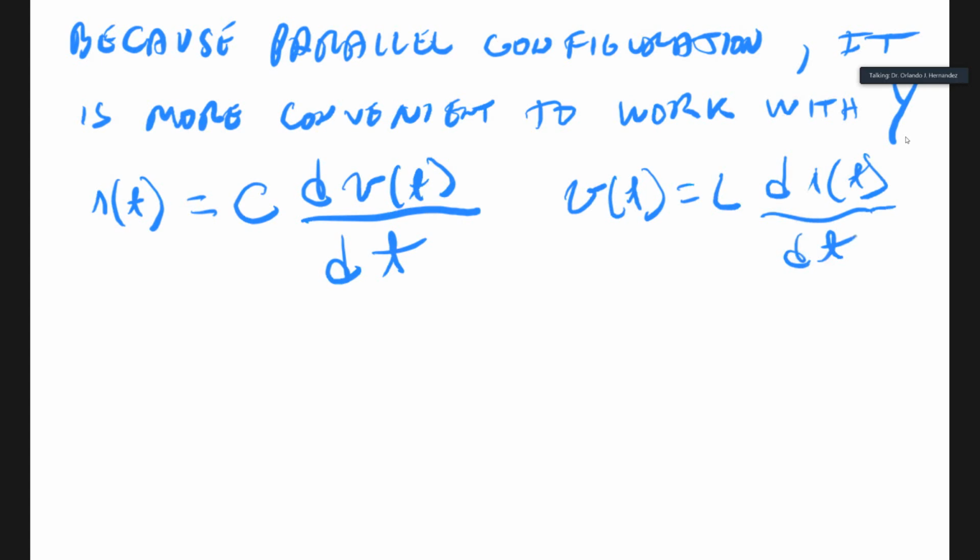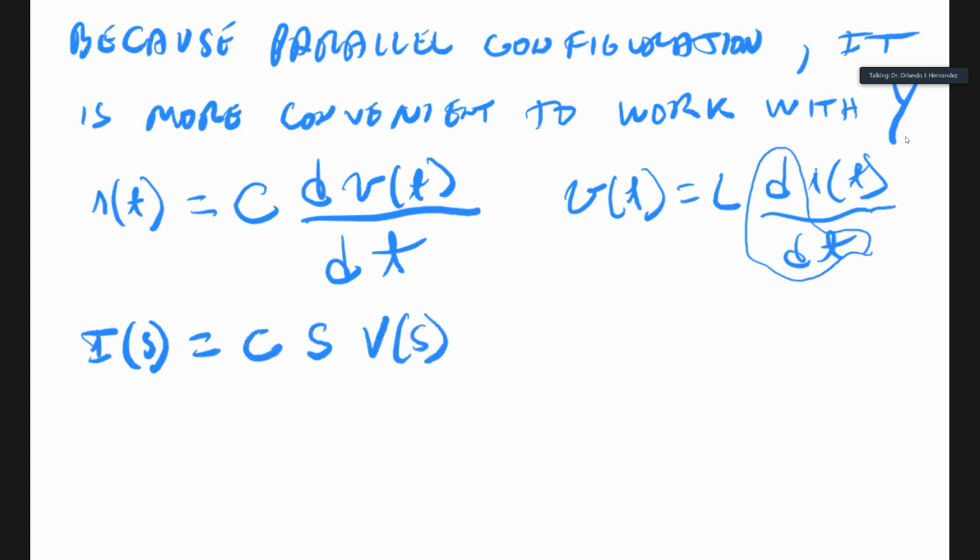We also know, and we discussed this last time, that the S complex variable in the S domain maps to the time domain as a differential. So in each case, we have that I of S is equal to C S V of S for the capacitor, and for the inductor, V of S is equal to L S I of S.